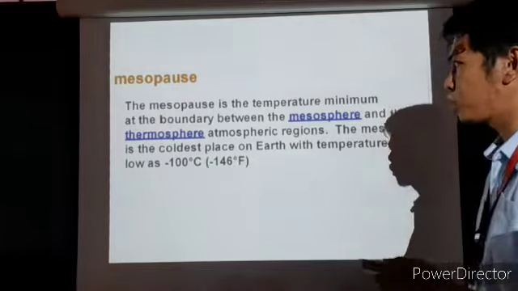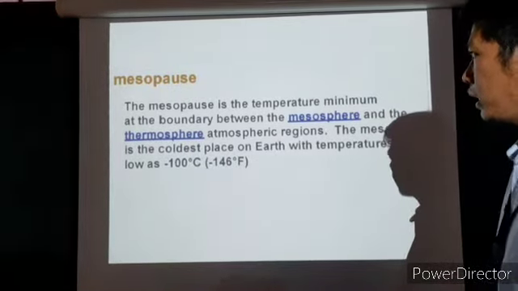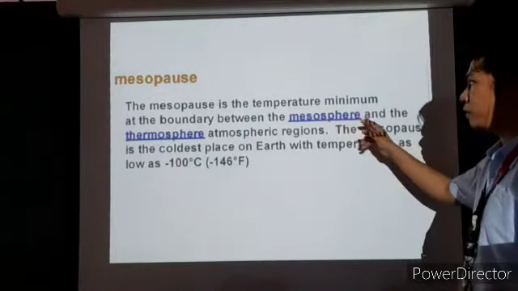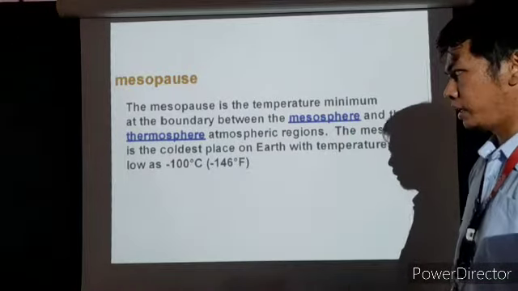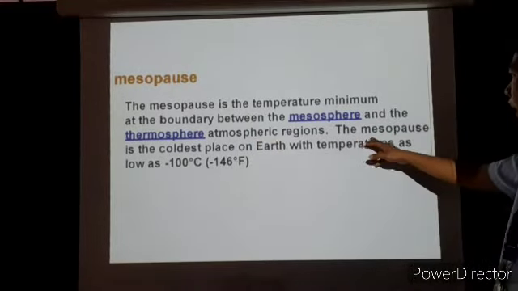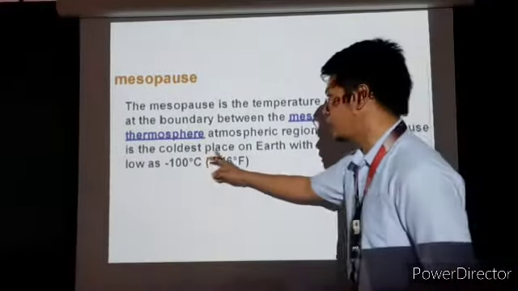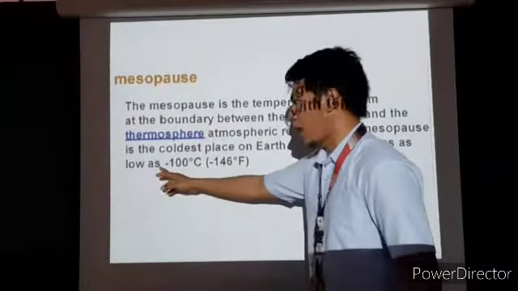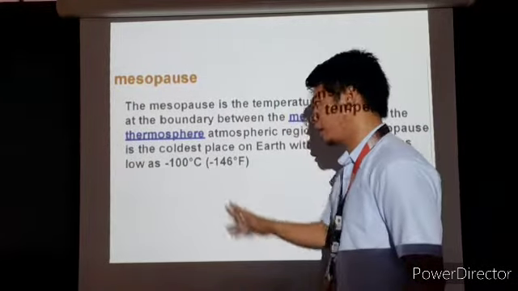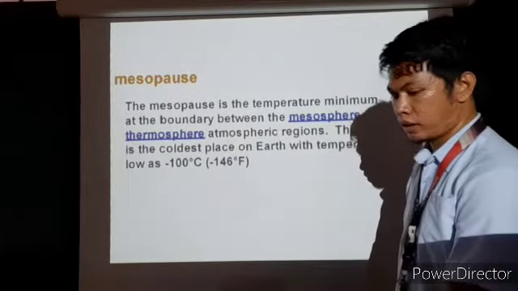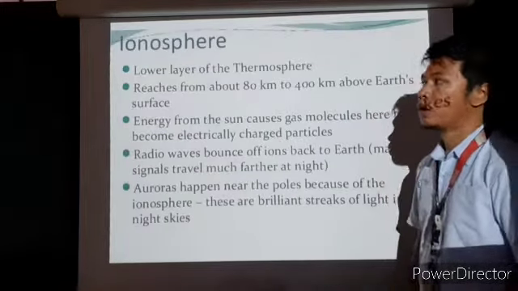The mesopause is the boundary between the mesosphere and the thermosphere. In this atmospheric region, the mesopause is the coldest place on Earth, with temperatures as low as negative 100 degrees Celsius or negative 146 degrees Fahrenheit.